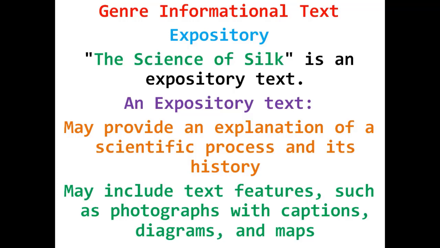That's one point. Point number two: expository text includes features such as photographs with captions, diagrams, and maps. These are the main characteristics and features of expository text, which we discussed before in literary terms.